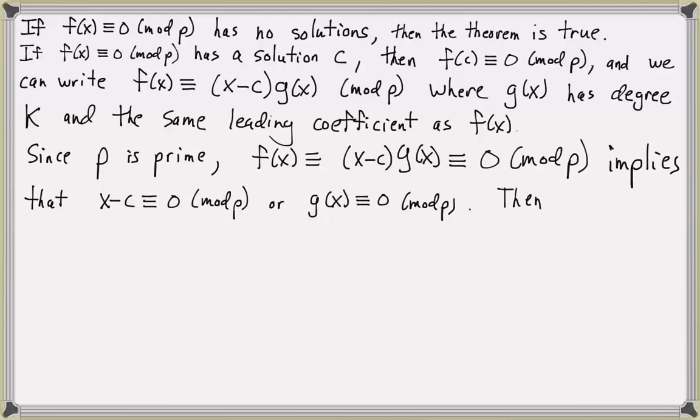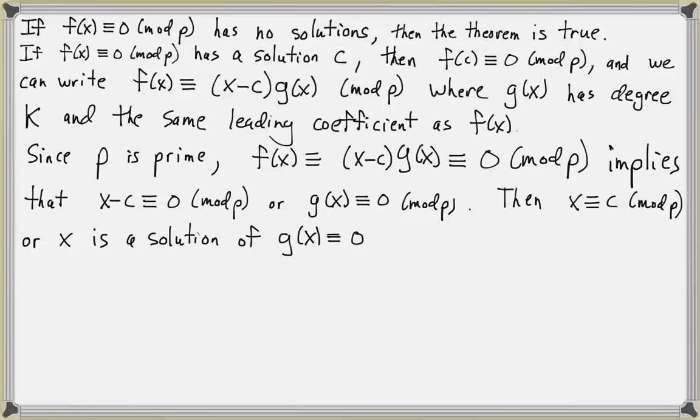Then we have x congruent to c mod p, or x is a solution of the congruence g of x congruent to 0 mod p.